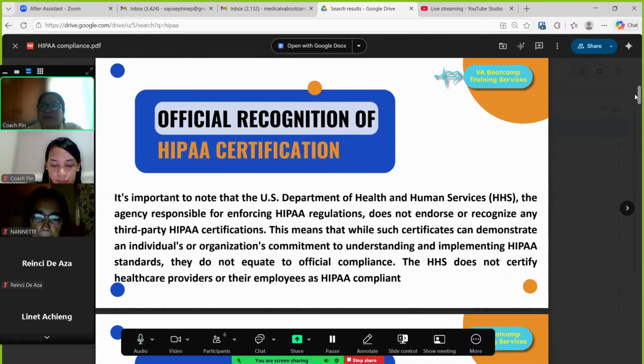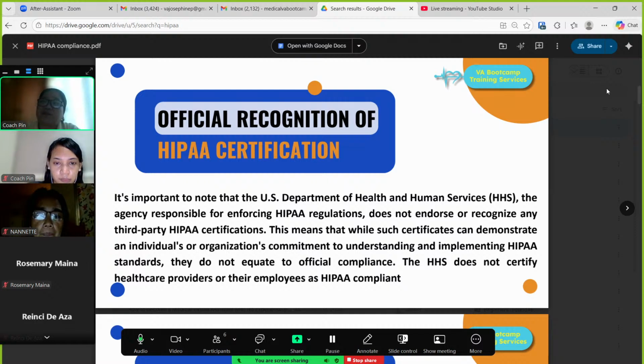And then next, what is the official recognition of HIPAA certification? It's important to note that the US Department of Health and Human Services, or HHS, the agency responsible for enforcing HIPAA regulations, does not endorse or recognize any third-party HIPAA certification.